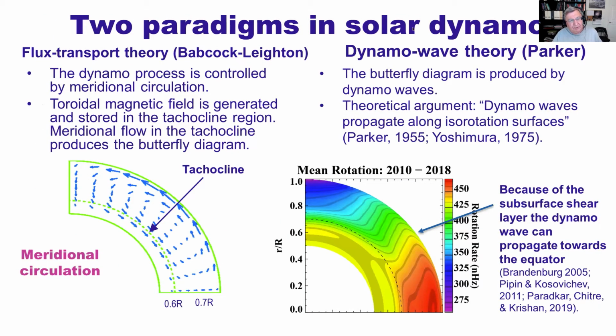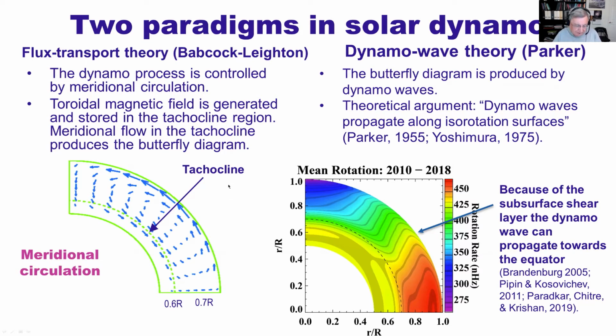In solar dynamo there are two basic paradigms. The first is called flux transport theory, sometimes called the Babcock-Leighton theory. In this case, the solar cycle is controlled by meridional circulation. Later a diffusion was also introduced.